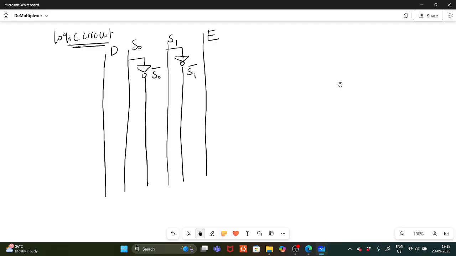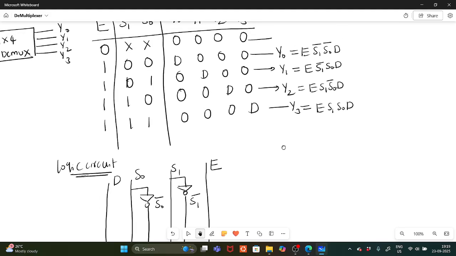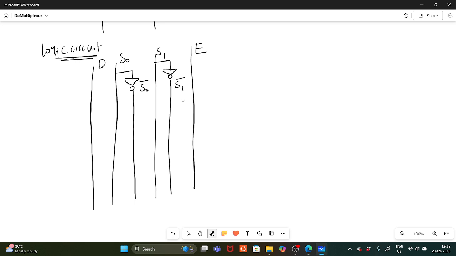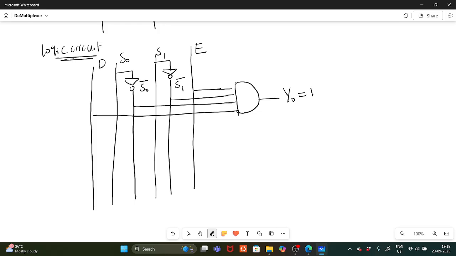So what is Y0? Y0 equals enable S1 bar S0 bar D. It is connected with an AND gate. This is Y0.